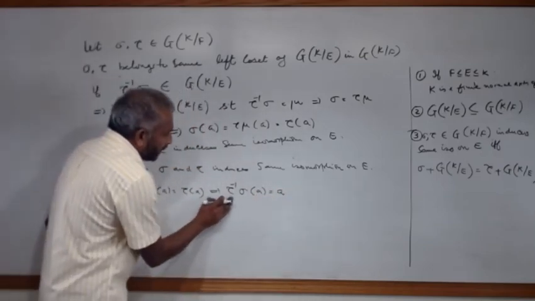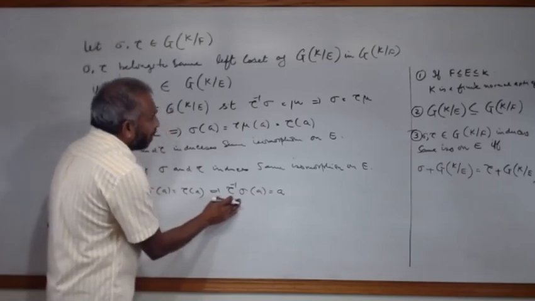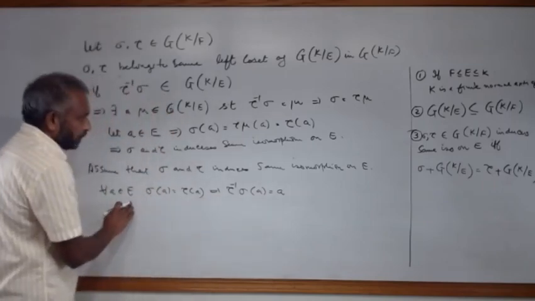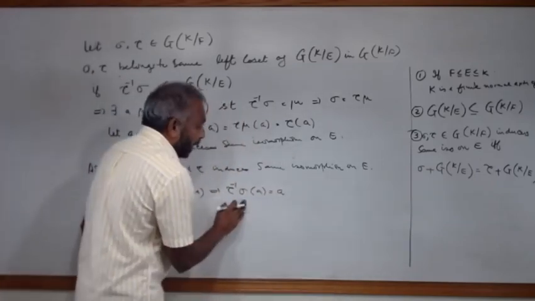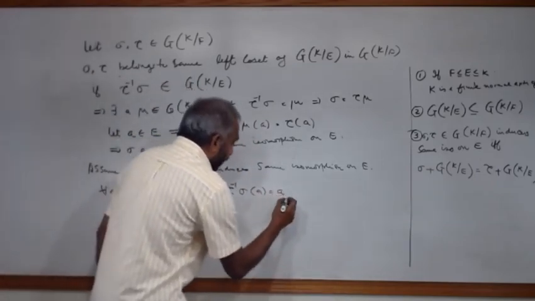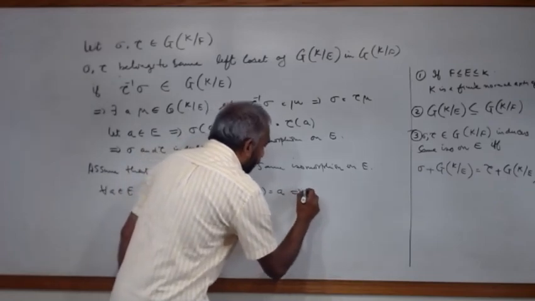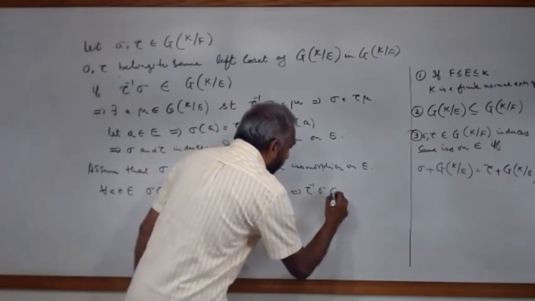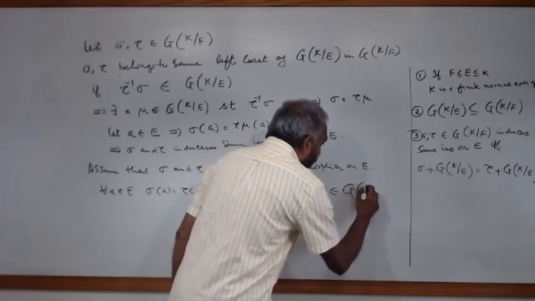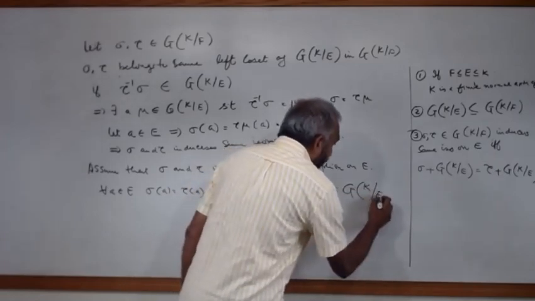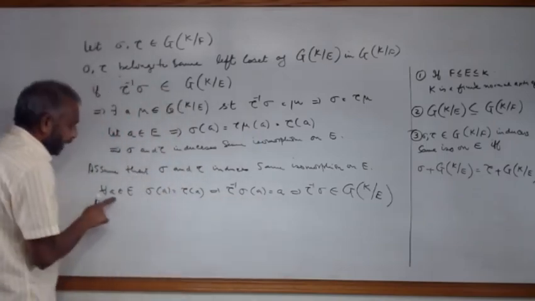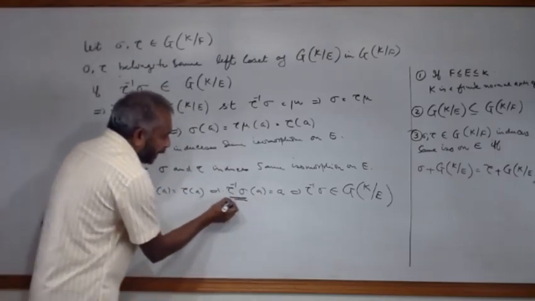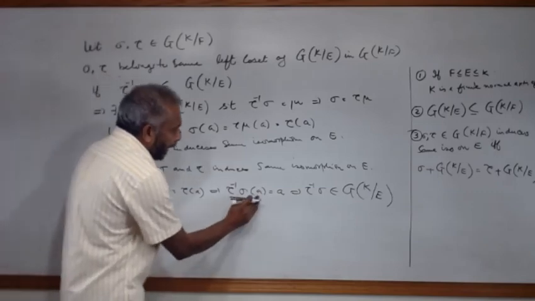What is this? This is not an automorphism but the identity map on E. That means tau inverse sigma belongs to the group of automorphisms on K leaving E fixed. We are leaving E fixed for all a in E, this is leaving a fixed.